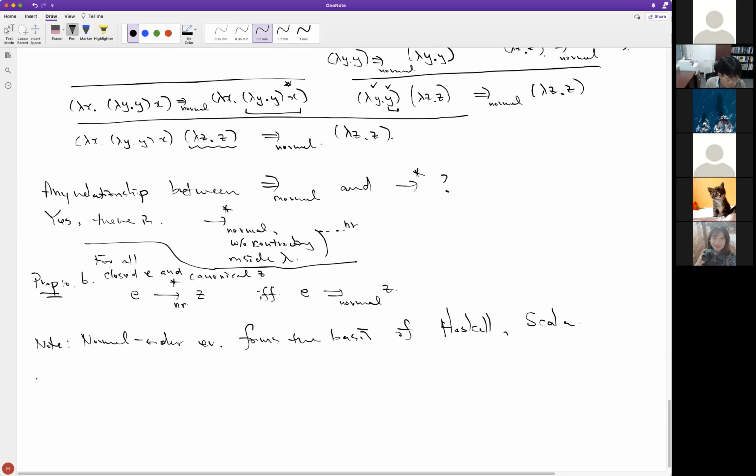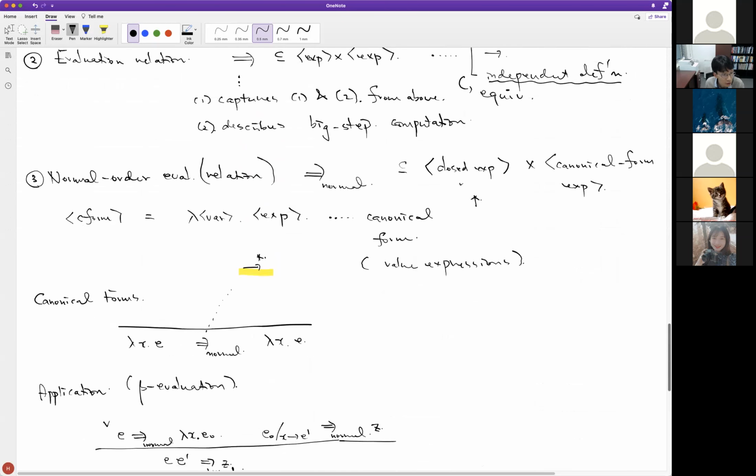There's another very well-known approach, which is called eager evaluation.